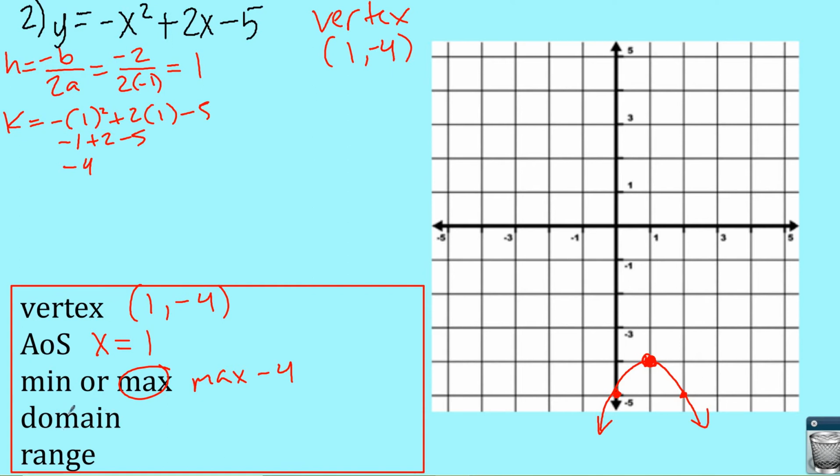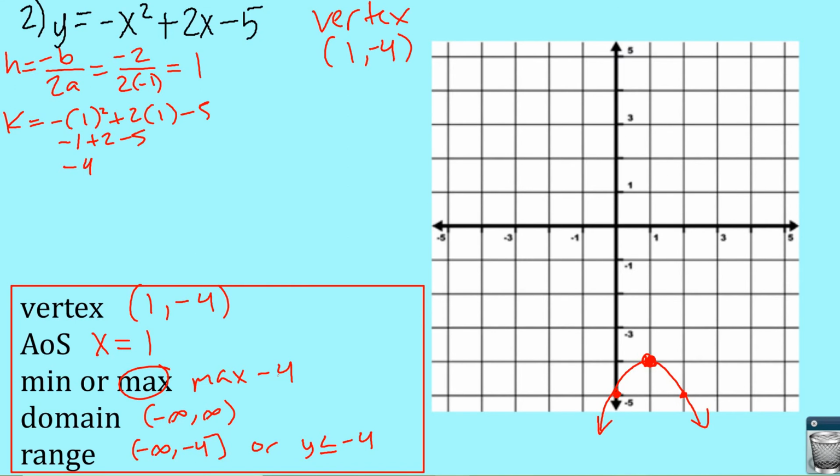The domain for any parabola is going to be from negative infinity to infinity. And the range, since it has a maximum, that means it has a top-off point. So we have to go from negative infinity to that value. If you wanted to write it as an inequality, you would say y is less than or equal to negative 4. So maximum is less than.